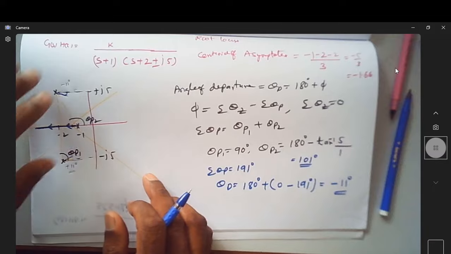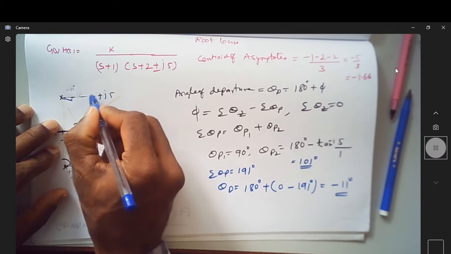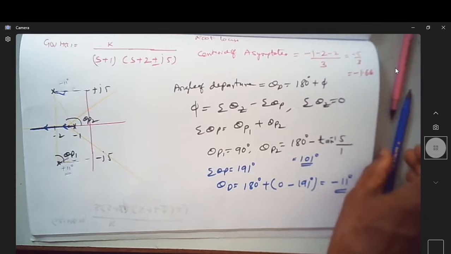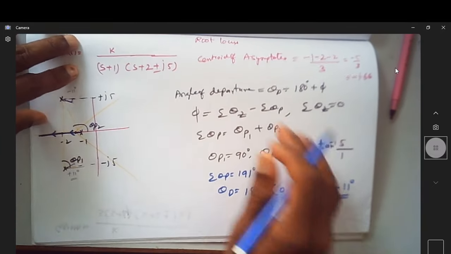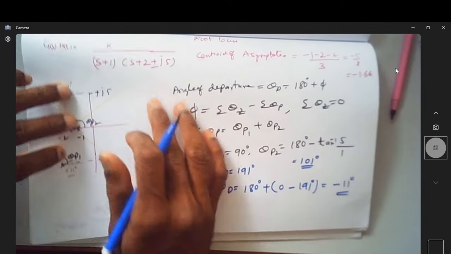Next, we need to find out the point of intersection of this root locus with the imaginary axis. For that I should know the characteristic equation. So let me find the characteristic equation for this.